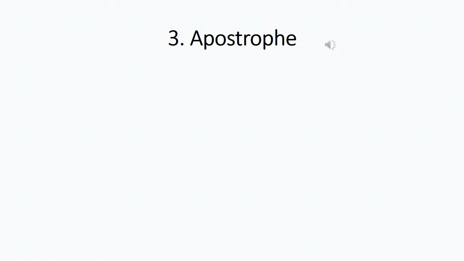At that time, to indicate that omission, we can use one apostrophe just above it. That's it. For example, he is here, he's here.